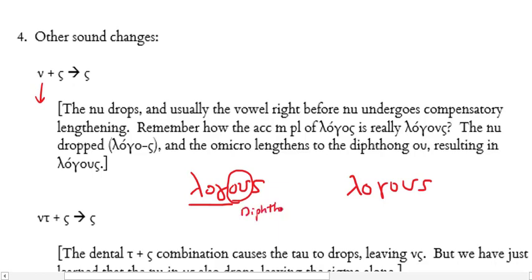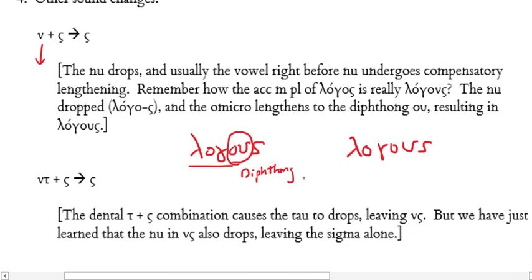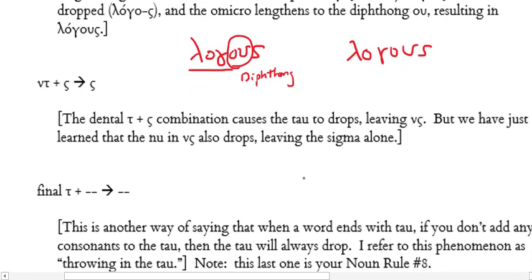And diphthongs are how many vowel sounds? A diphthong makes one long vowel sound. It consists of two vowel letters, but it's one sound, and it's always long, right? So a diphthong is long. So this diphthong is the result of compensatory lengthening. The nu of logons fell out. Okay?